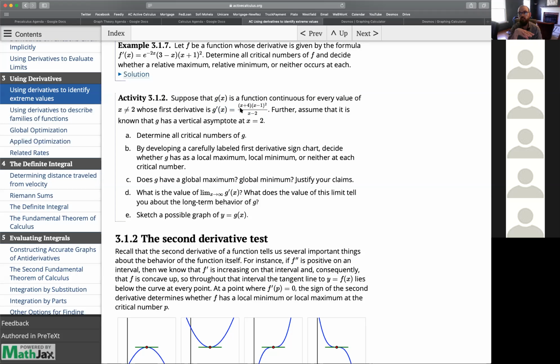The author of this book is giving us not the original function, but the derivative. So we don't have to take the derivative, and we want to go through this thought process and see if we can figure out what the maxes and mins of these functions are and where they might occur.